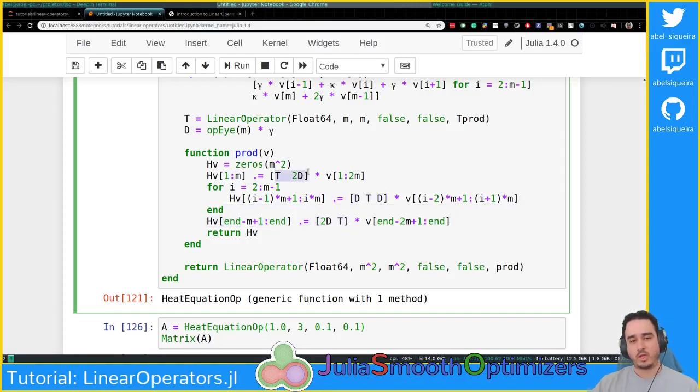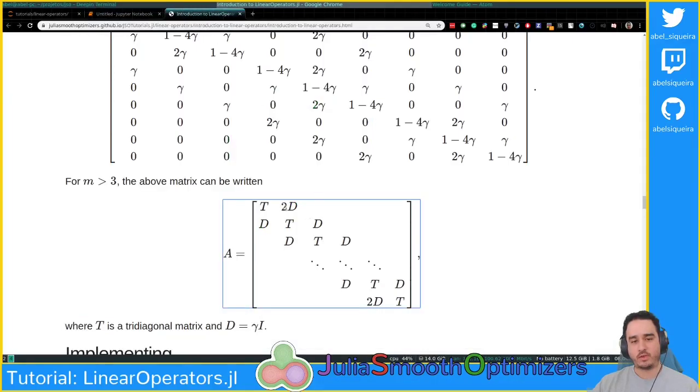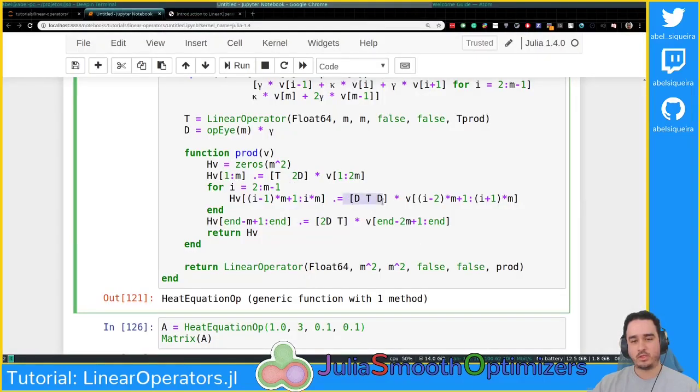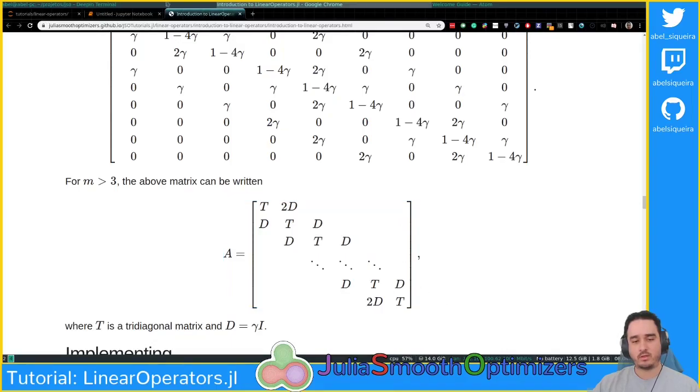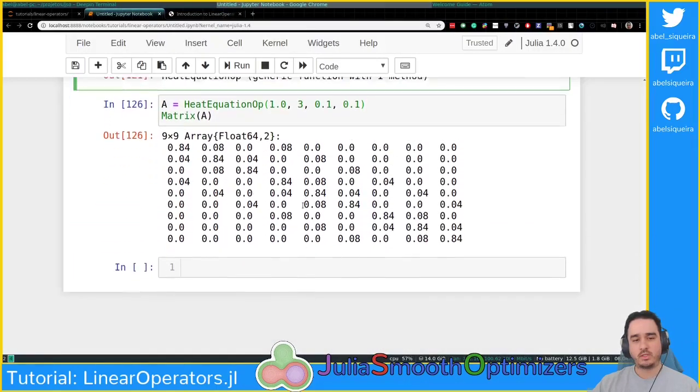Okay, so I have T and 2G. I have T and 2D, which is the first line. Each other line is DTD, and I have 2DT, which is the last line. Okay, so this is an operator.